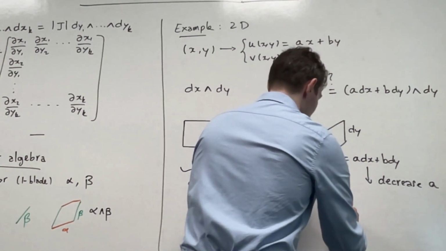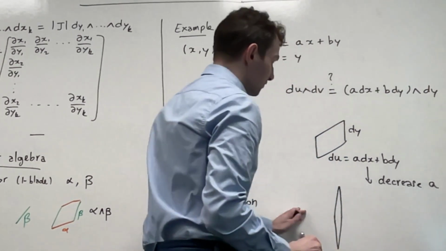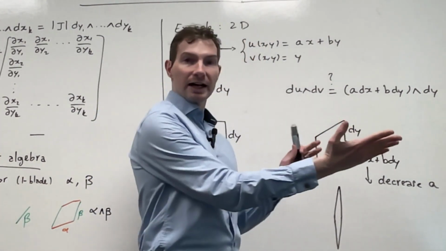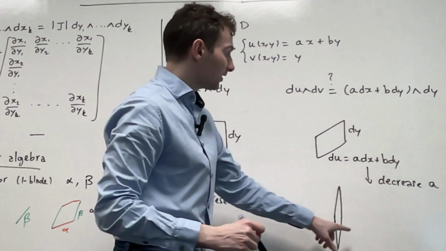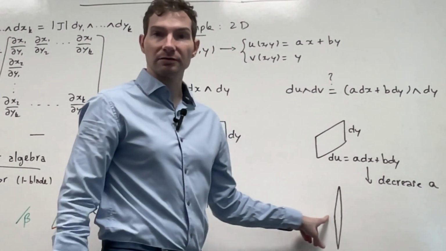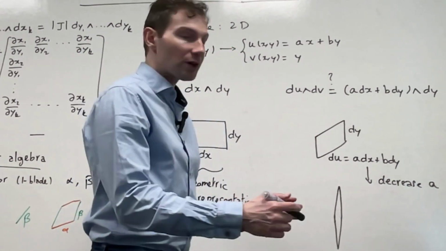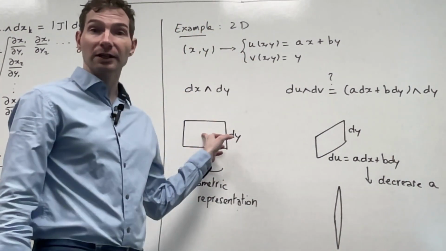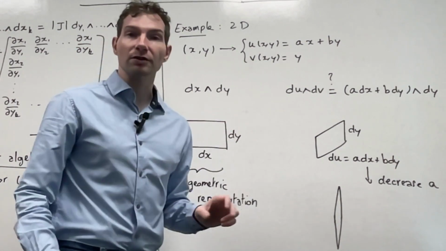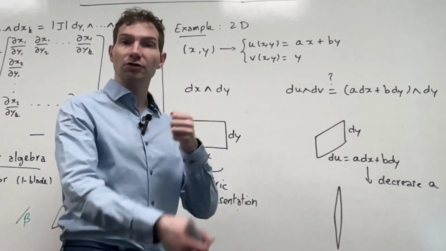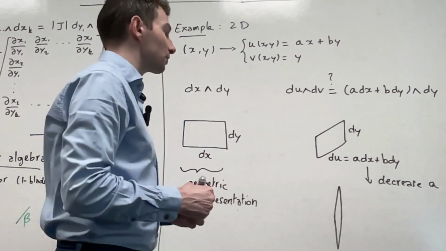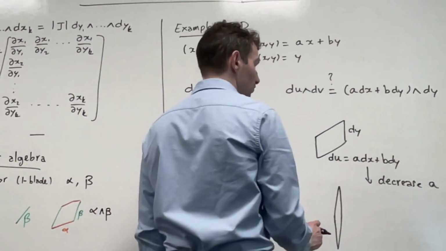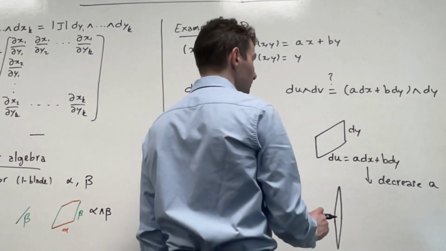And that's going to be much more kind of slanted like this. And what's going to happen is that as a tends to 0, then the area of this is going to be 0. Okay? And so that's why, of course, if you want to relate it to the area of that rectangle, then of course you need to make sure that you put a correction factor which has to do with a. So here we decrease a, and eventually this thing is going to tend to 0 over time.